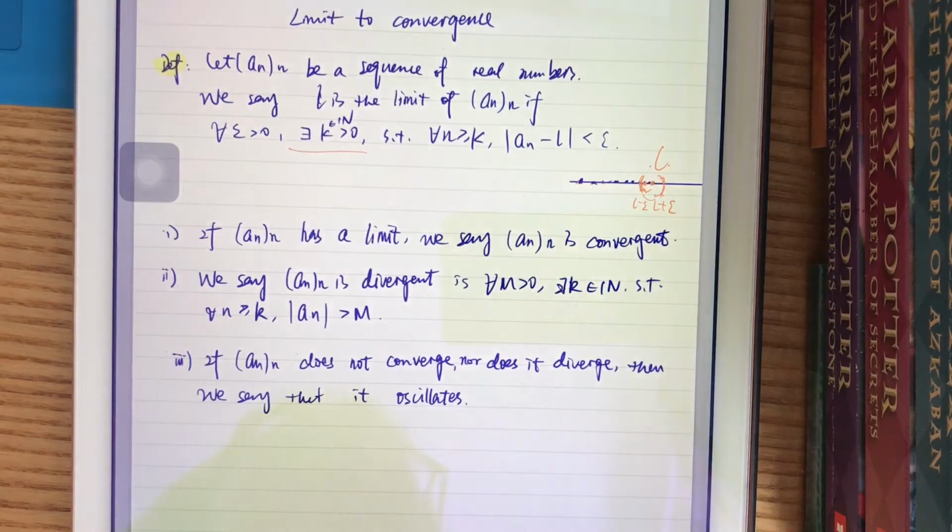I feel like they are pretty much the same. Since a_n has a limit, we say a_n is convergent. Then why bother to have another concept like convergent? Why not just say that a_n has a limit?